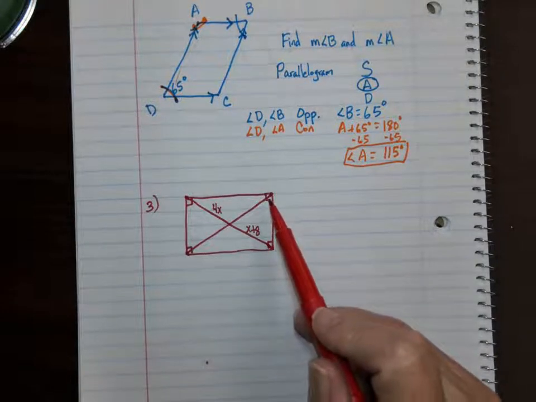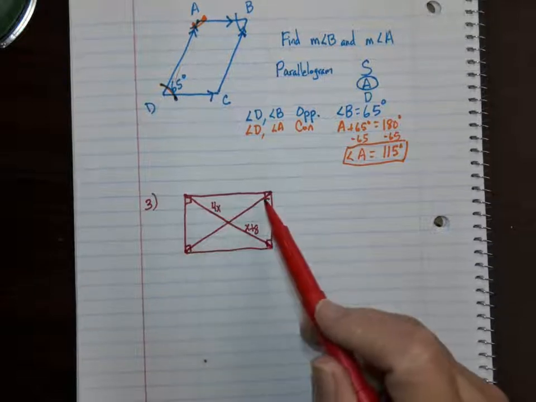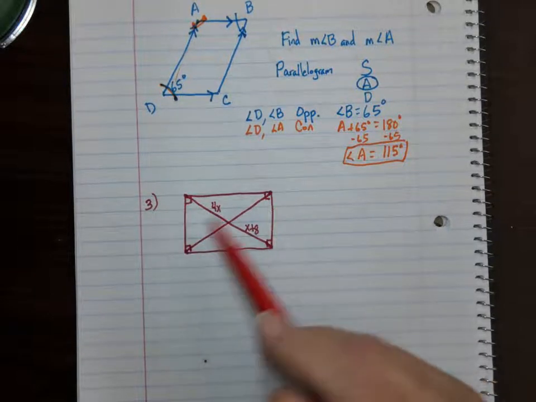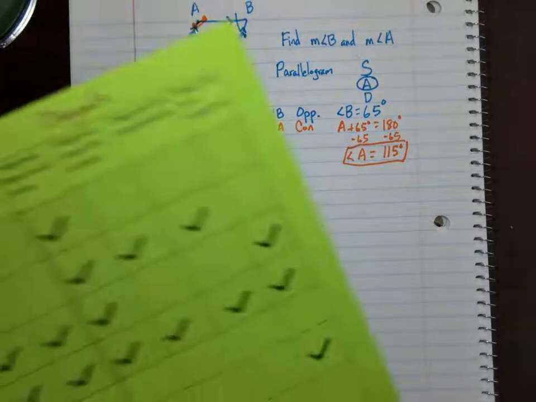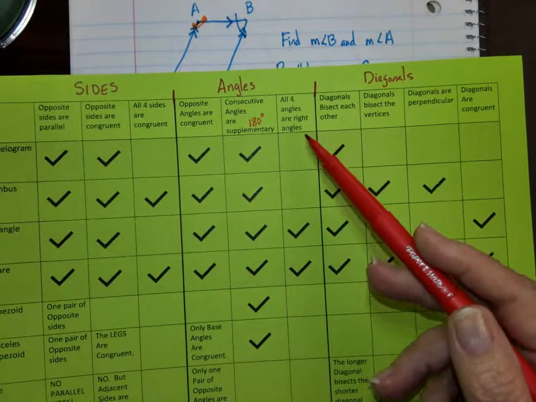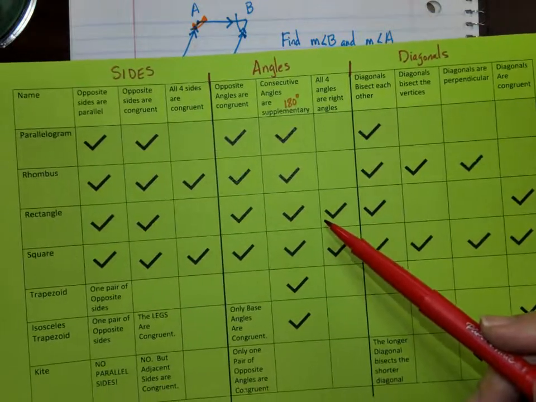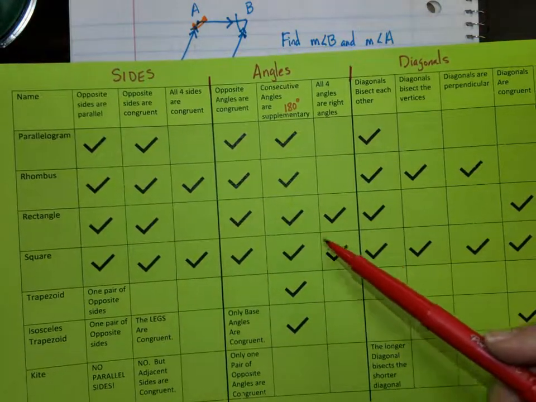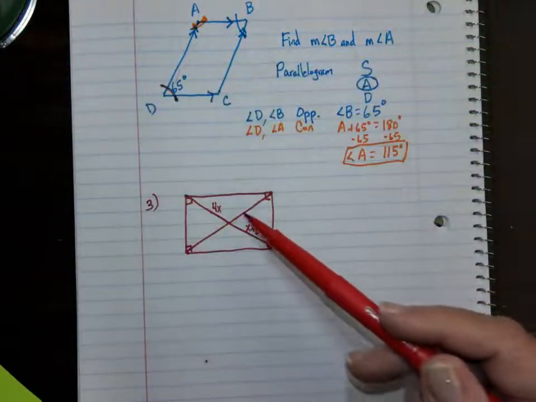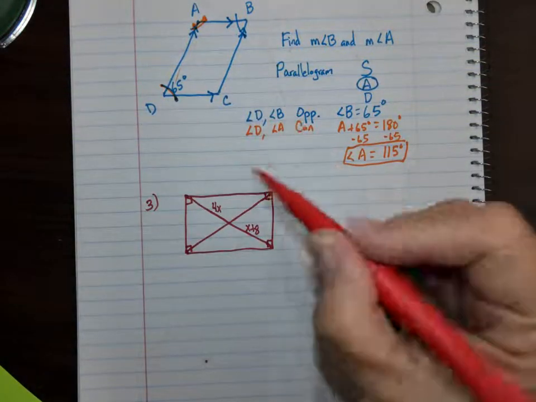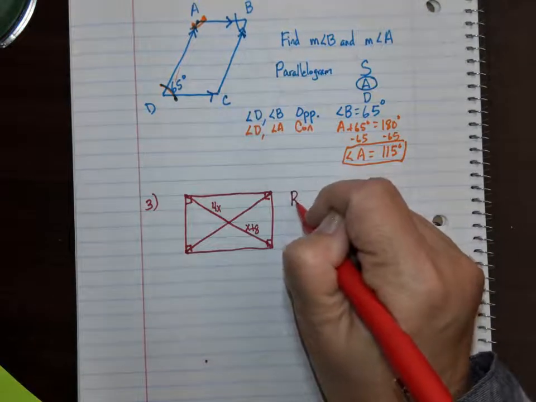You see that you have 4 corners marked as 90-degree angles. So what shape has 4 90-degree angles? All angles are right angles. It's a rectangle or a square. But remember, a square has all sides congruent. These sides aren't congruent, so this must be a rectangle.